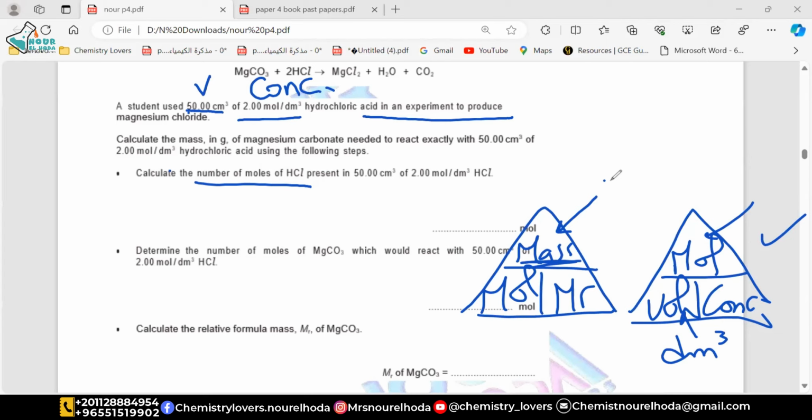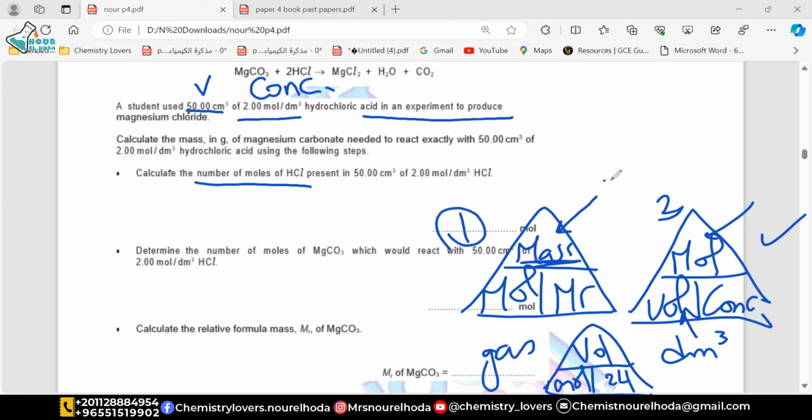Next, the third rule. What do we use the third rule for? For only gases, volume or mole with 24. We use this if I need the volume of a gas. This is rule number 1, this is rule number 2, this is rule number 3.